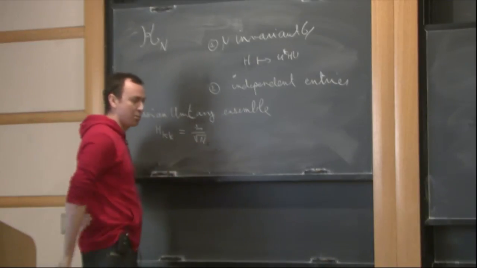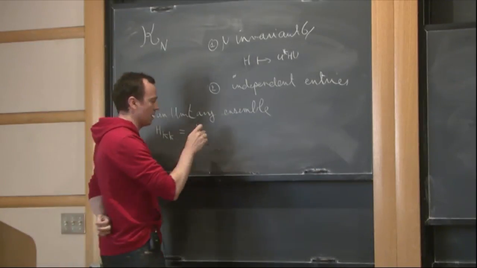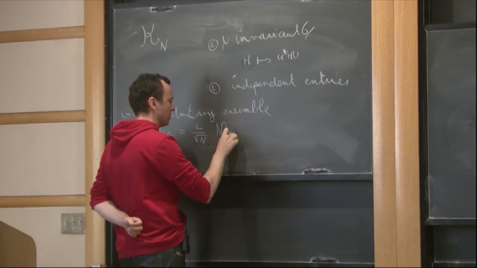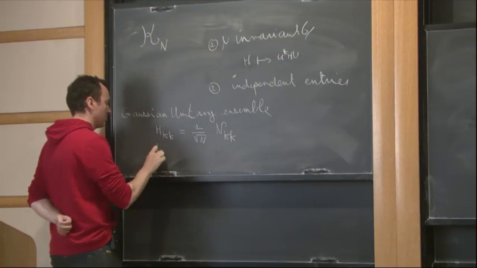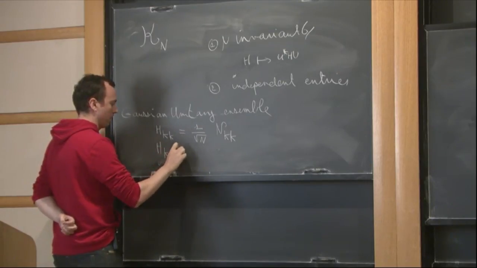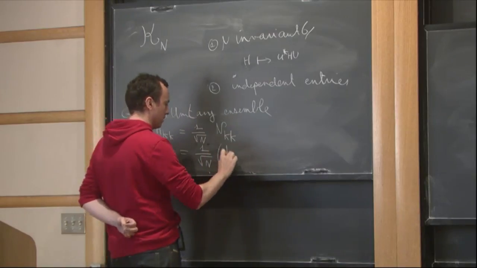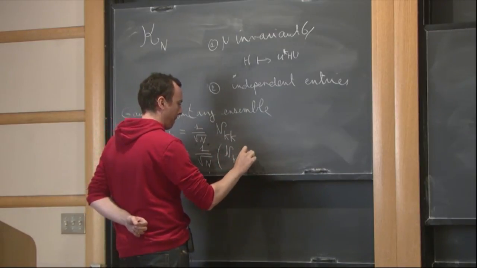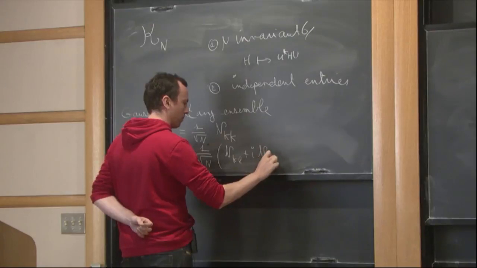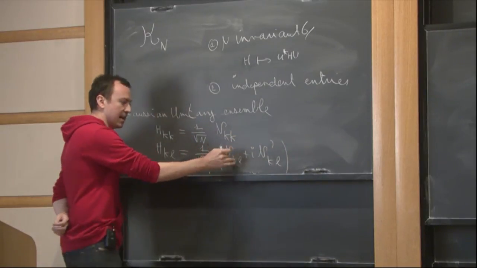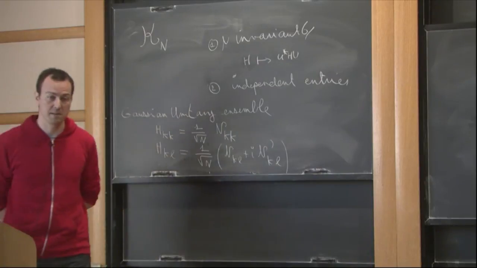We normalize by 1 over square root of n. We will see in a minute why. And this is a Gaussian, and the non-diagonal entries are of the same type but complex. And all of these are independent.